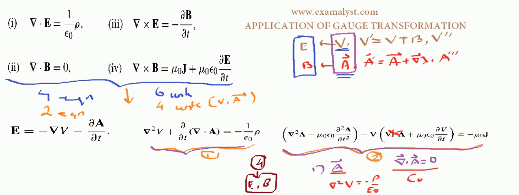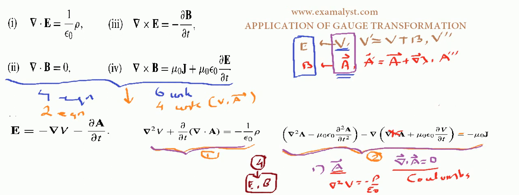So Coulomb said, why don't we use this gauge? But Lorentz was not satisfied. Lorentz said that the second equation is still very difficult to solve, so he suggested another technique.